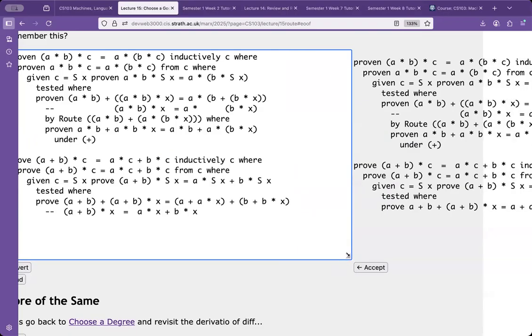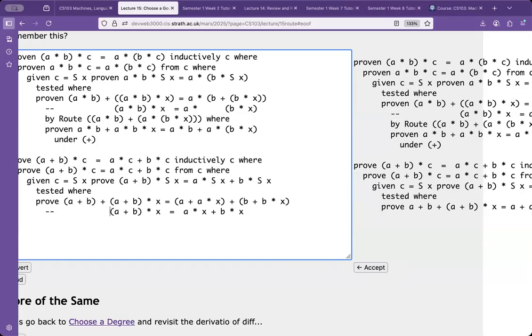Do you see anything you like? I mean, do you see anything you like on the left-hand side? You've got the left-hand side of the induction hypothesis right there.